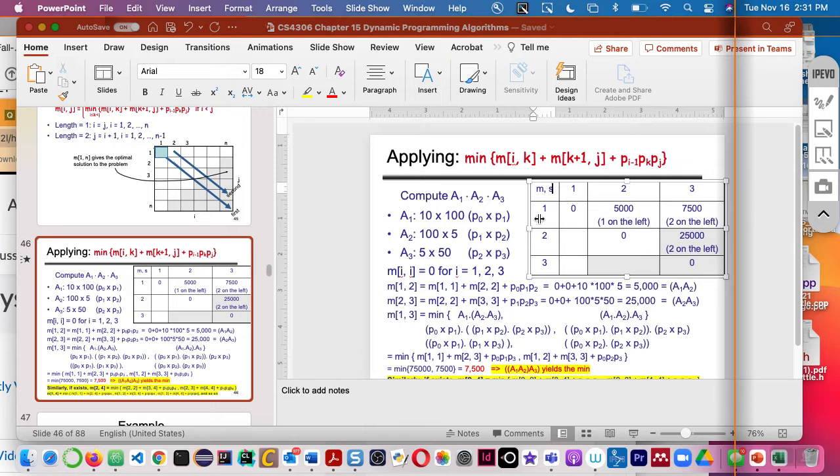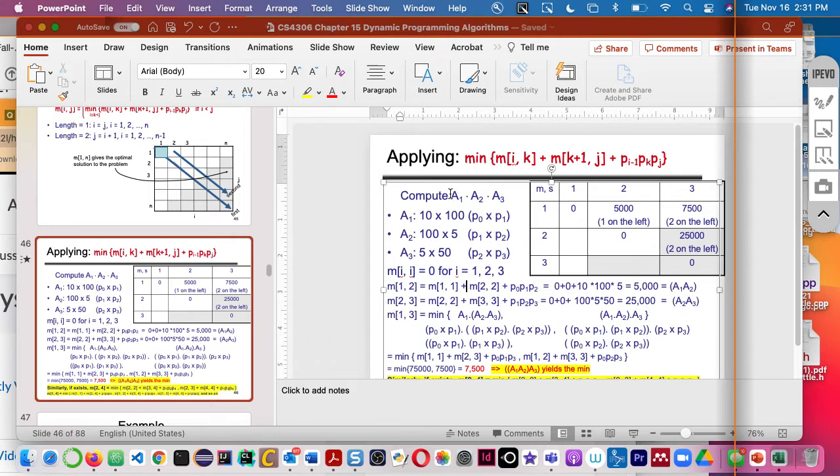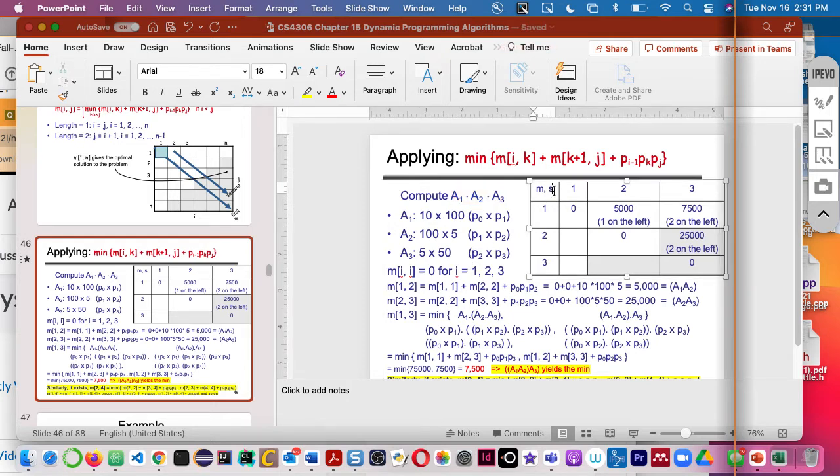Give attention please. We are trying to find which is the best combination that will give us the minimum number of multiplications, right? This is our goal. So how is this table drawn?